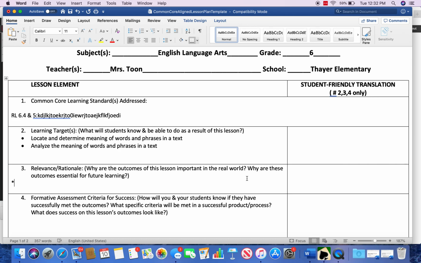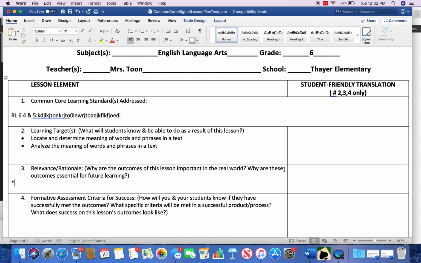So this is something they're going to have to be able to do not only in the real world sense, when they're planning family vacations and looking at travel brochures and so forth, when they're reading informational text in the workforce, reading some information that their boss has just given them that they've got to work up a project for or whatever.